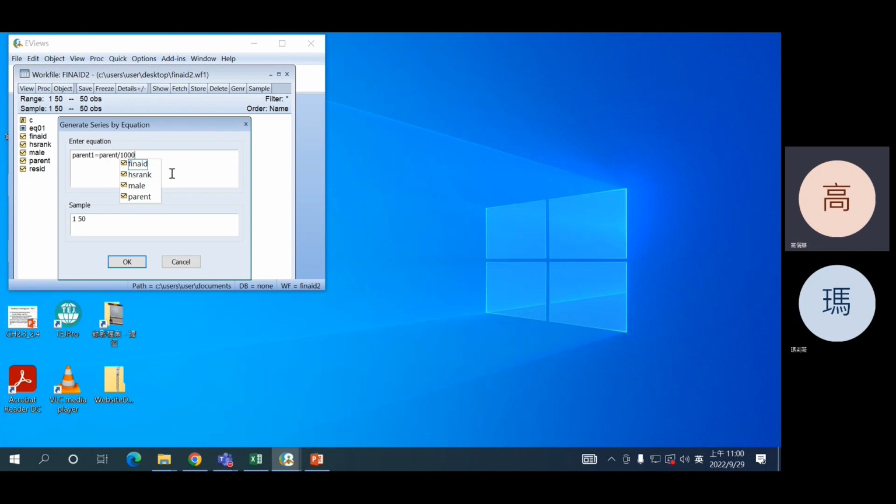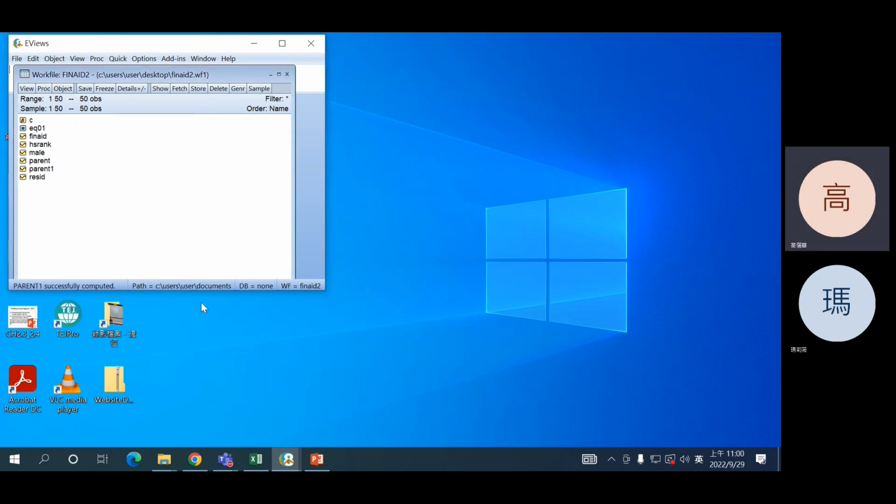So I change the original parents measurement unit from dollars to $1,000. You see what I want to do? Then I hit OK. Did you see that parent 1 is here?